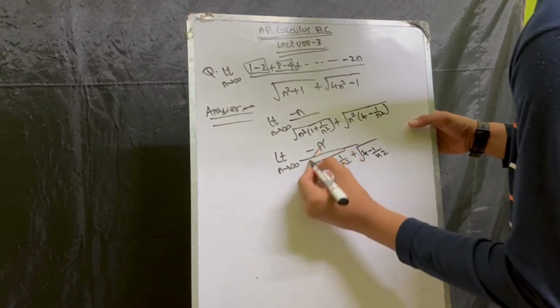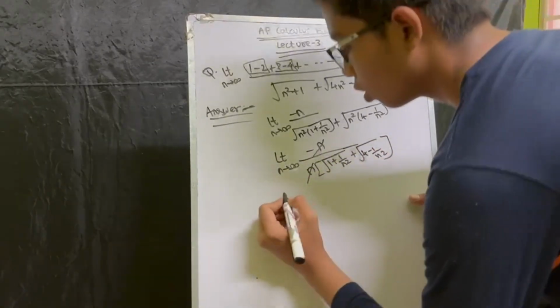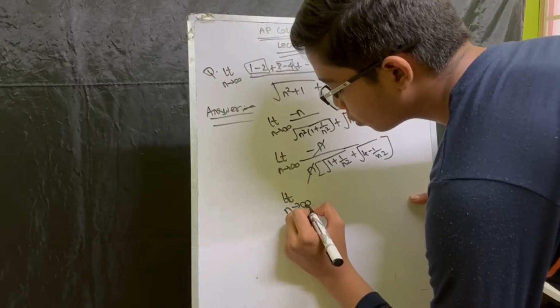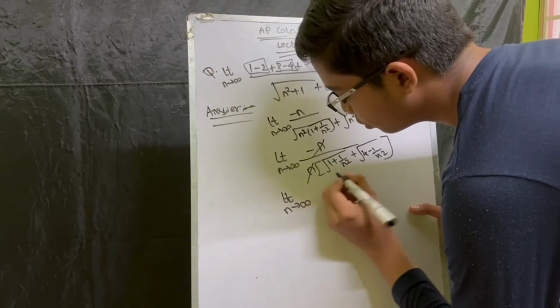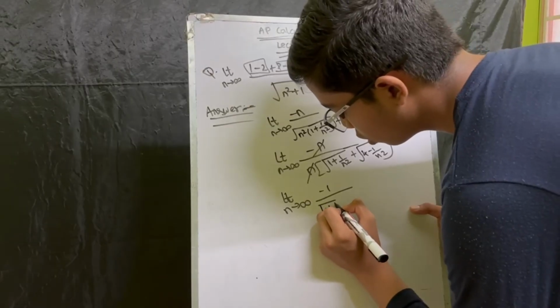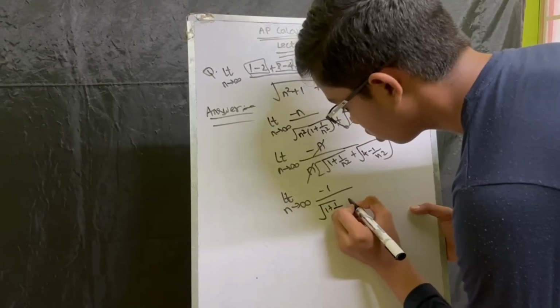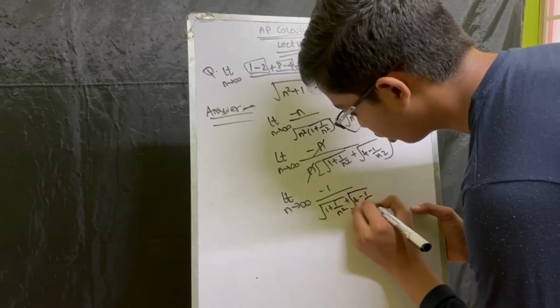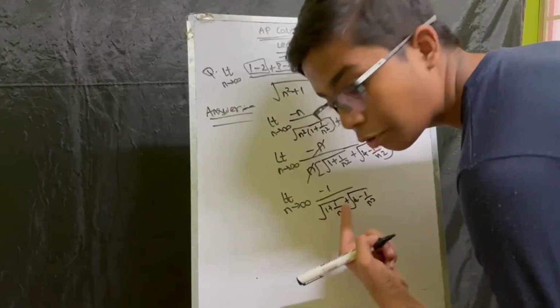So this n cancels. Limit n tends to infinity, minus 1 by the square root of 1 plus 1 by n squared plus the square root of 4 minus 1 by n squared. Now you can plug in the values.